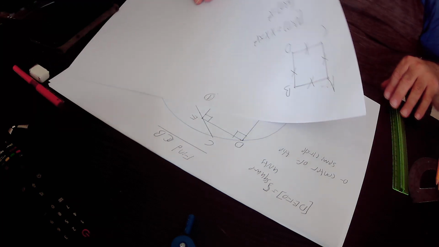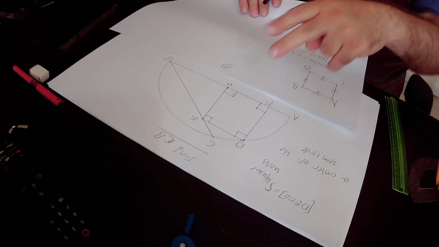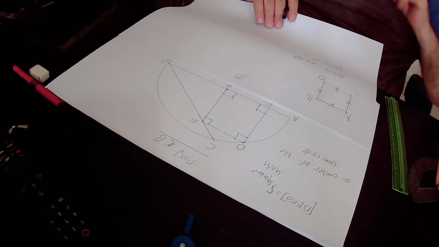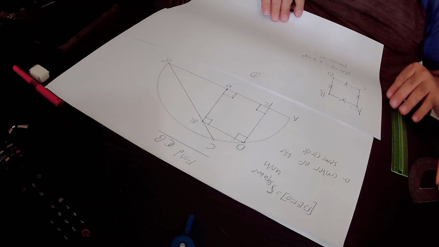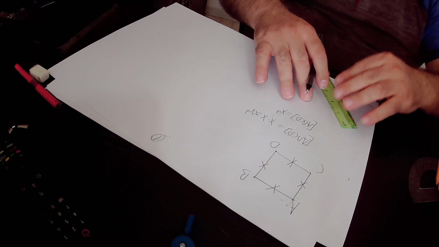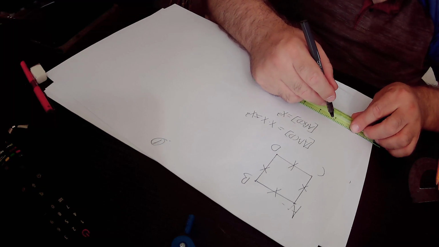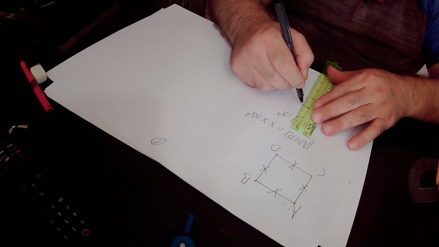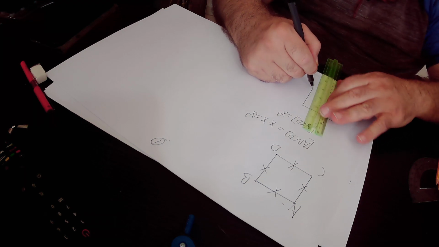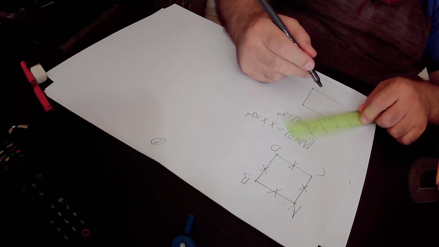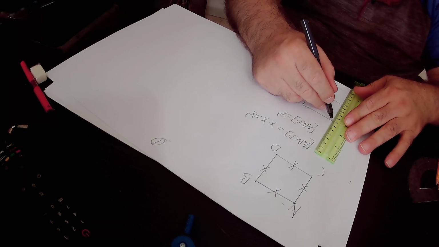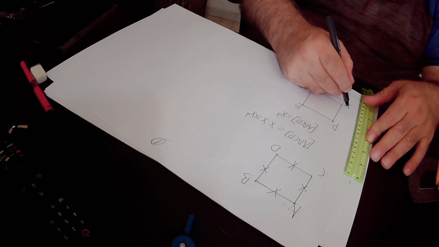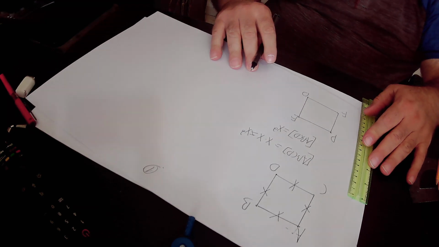In the next step I will copy our original square to this page and we will find out the length of one side of this square, square DEFO. So this is square DEFO that I copied from the original drawing.